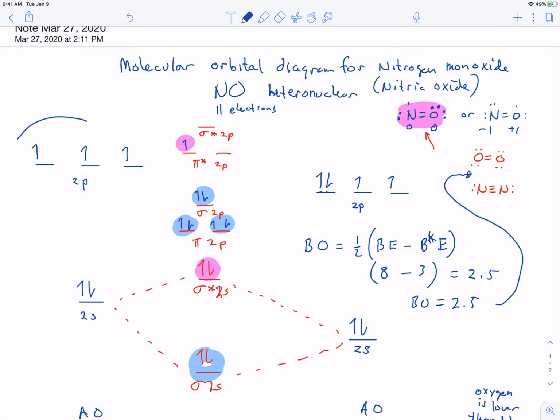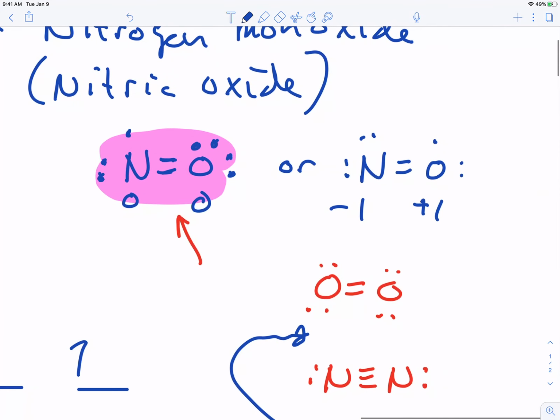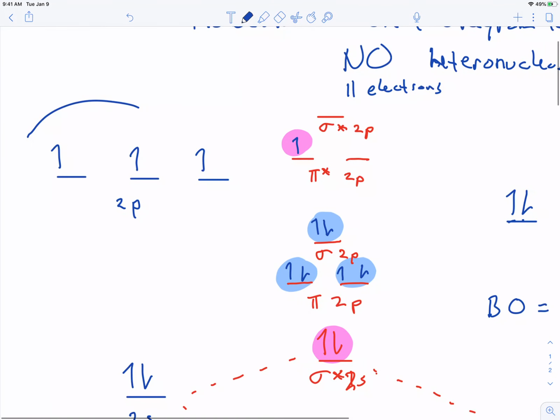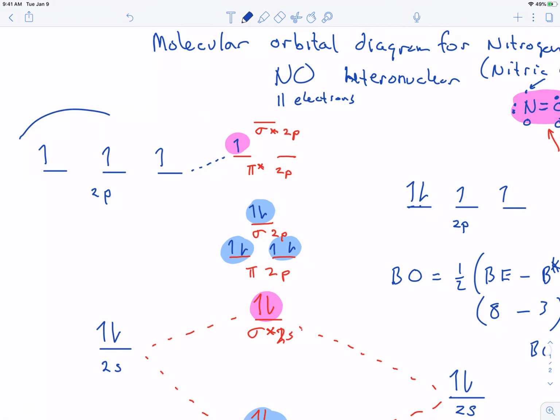Okay, so now which structure is it? Is it the one with the lone electron on oxygen, or the one with the lone electron on nitrogen? Well, you should notice right here that this single electron is closer to the nitrogen than it is to the oxygen.